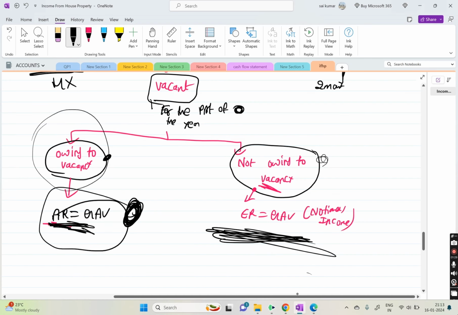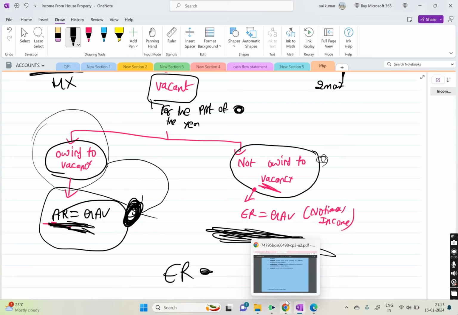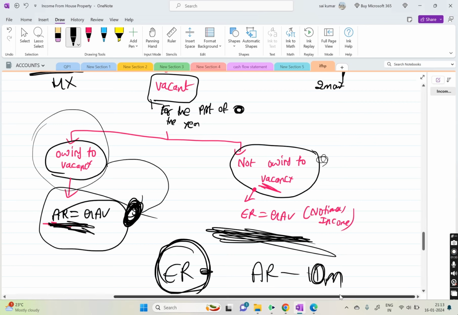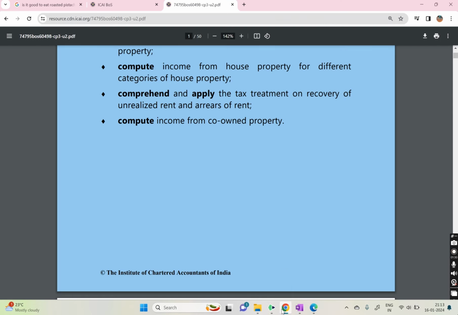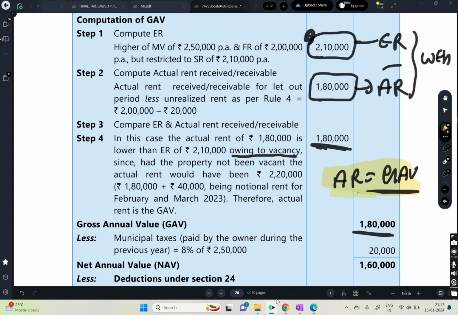If it is because of the vacancy, then you take actual rent is equal to GAV. Obviously the expected rent will be more, because expected rent will be for the whole year, but actual rent is only for 10 months in this question. So actual rent will be less, but we take actual rent as GAV.